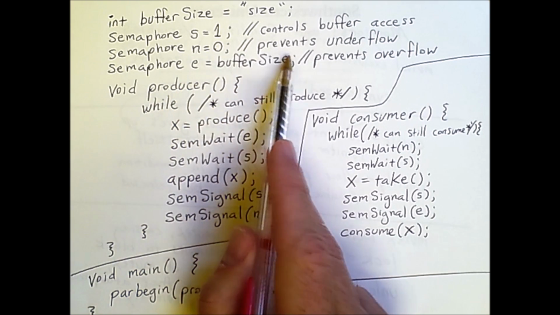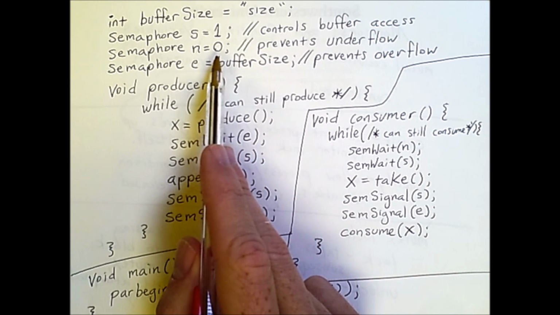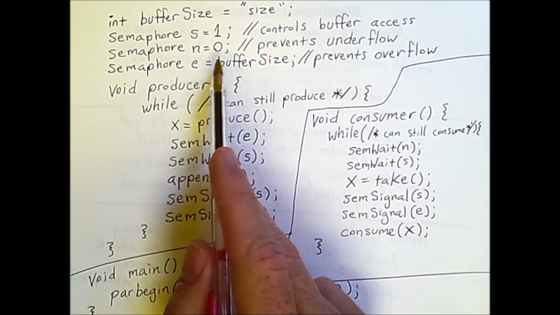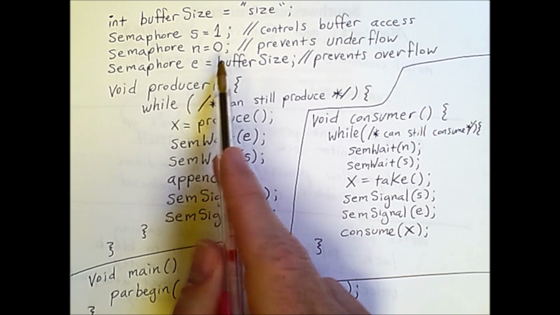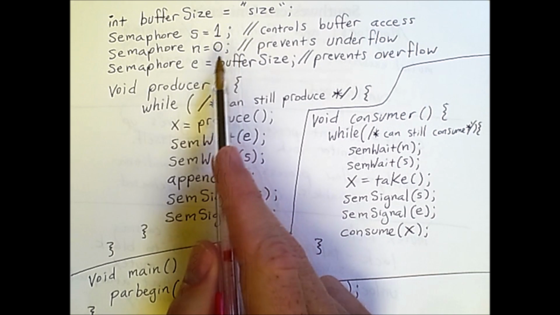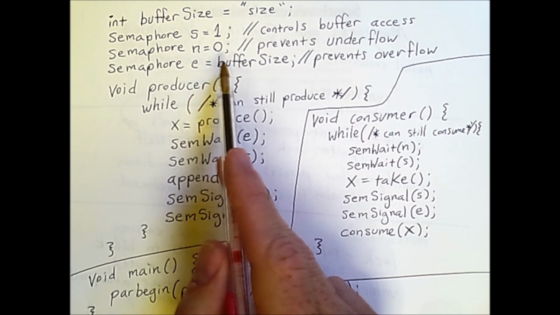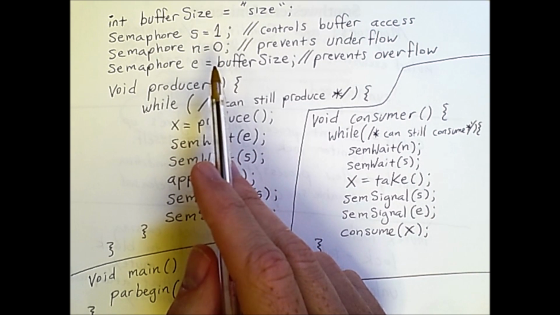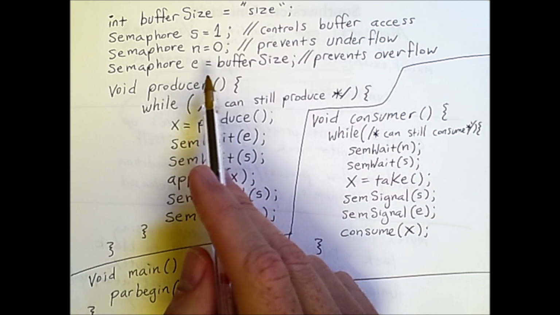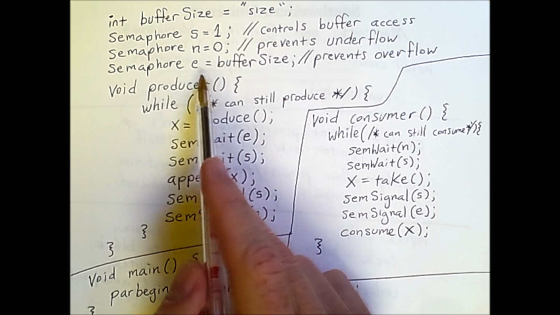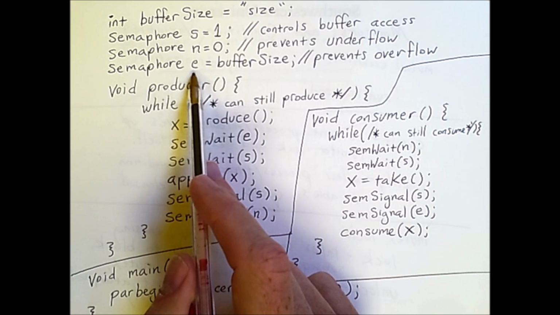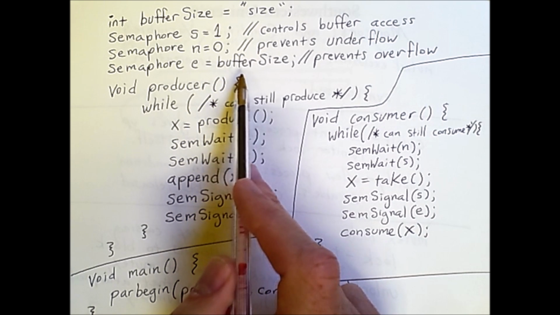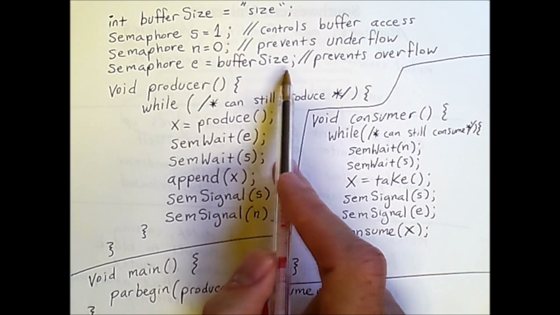N is going to prevent underflow because it indicates the number of items in the buffer that are available for consumption. And as it goes negative, that will indicate the number of threads that are waiting to consume things but are blocked. In contrast, this semaphore E is the amount of free space left in the buffer.